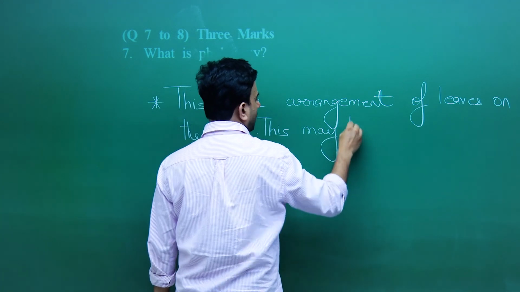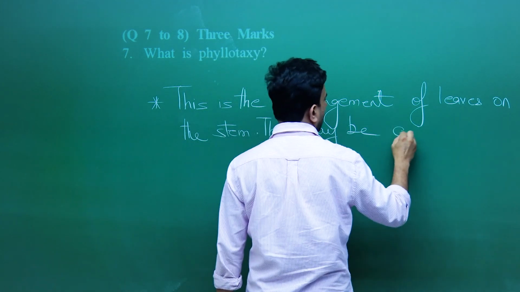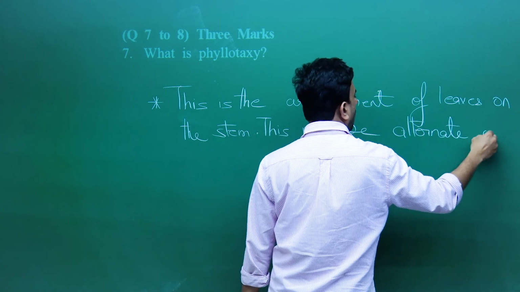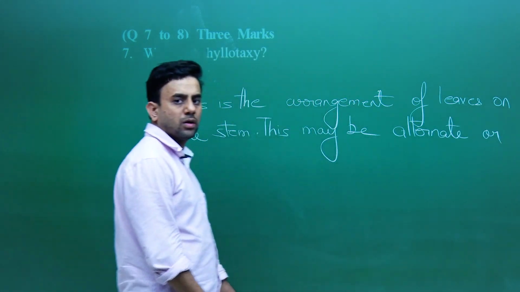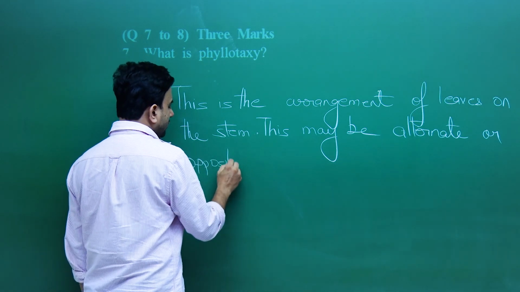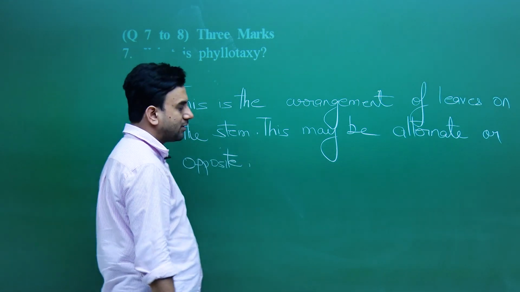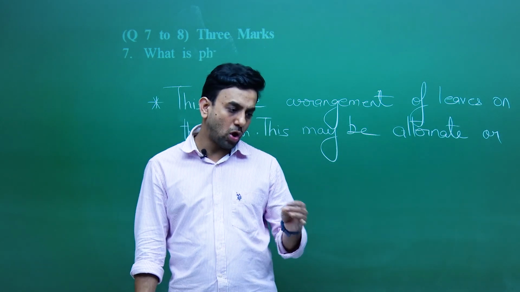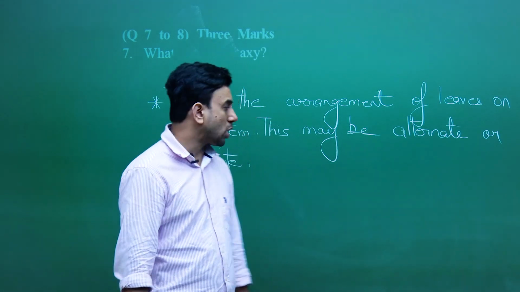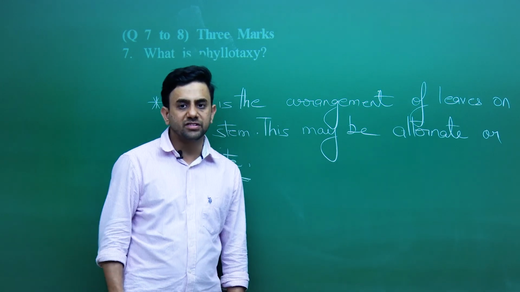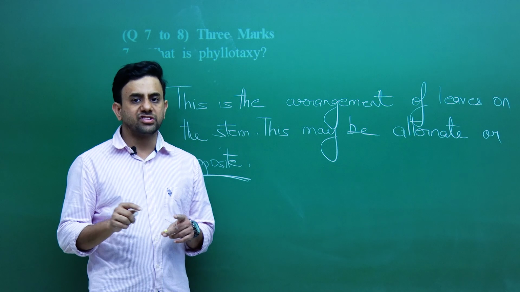This may be alternate or opposite. In the alternate arrangement, there will be a leaf at every node, alternately. However, in the opposite arrangement, leaves will be present on both sides of the node, opposite to each other.